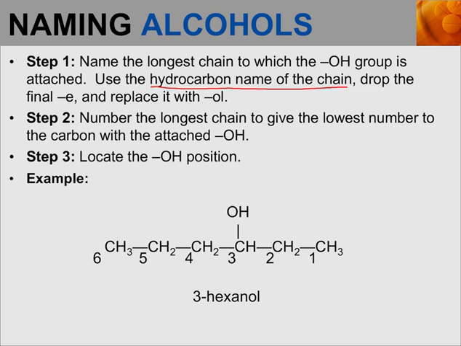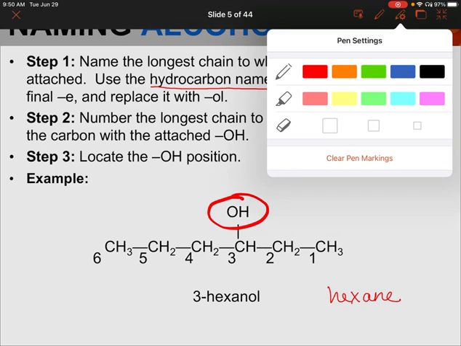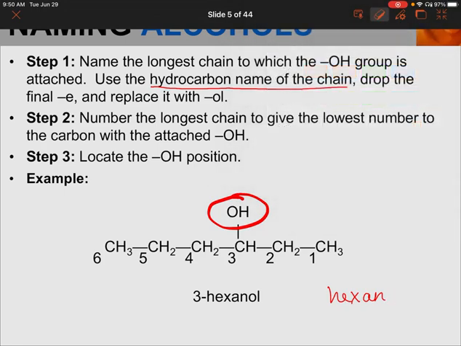We can see that the carbon chain has already been numbered for us. So there are 6 carbons in that chain. So normally, if this were an alkane, we would name this hexane. But because we have an alcohol group attached to that chain, we're going to drop the E and replace it with OL. So that's what indicates to us that we have an alcohol.